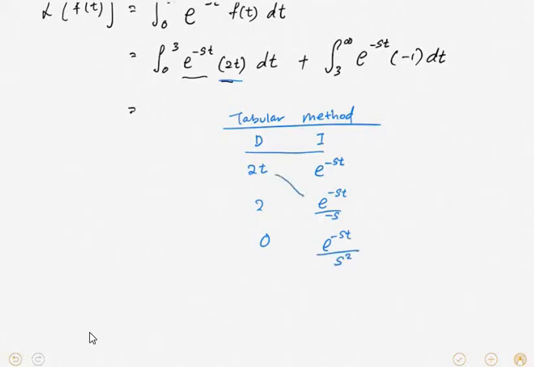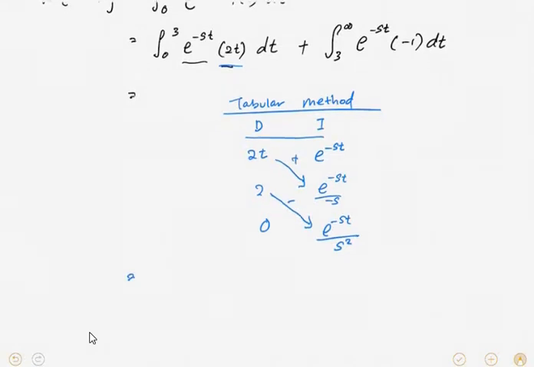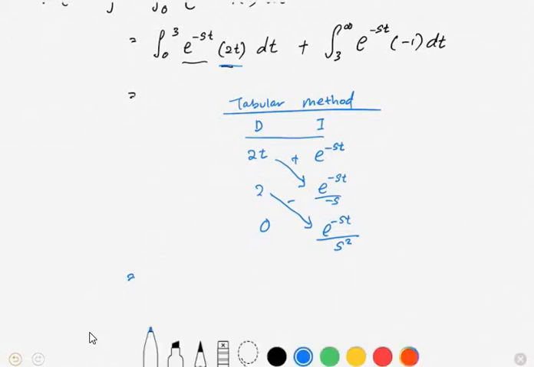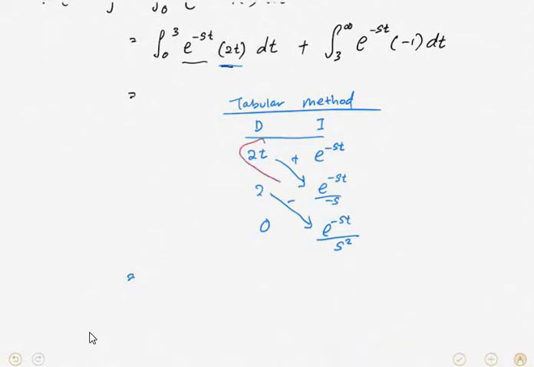So as you know, in the tabular method, you have the positive and the negative here. So at the end, we will obtain 2t times e^(-st) over -s, and then minus 2 e^(-st) over s squared.